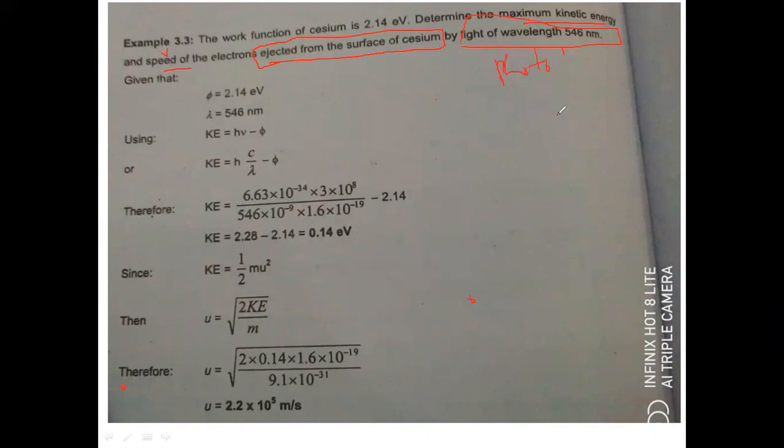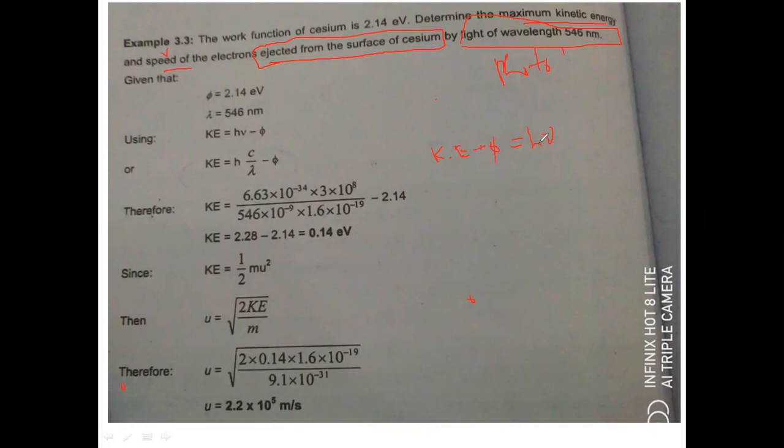So kinetic energy is equal to h mu minus phi. What does it mean? It means kinetic energy plus phi will be equal to h mu. So how much h mu is required? This is actually the light which will fall on the electrons.